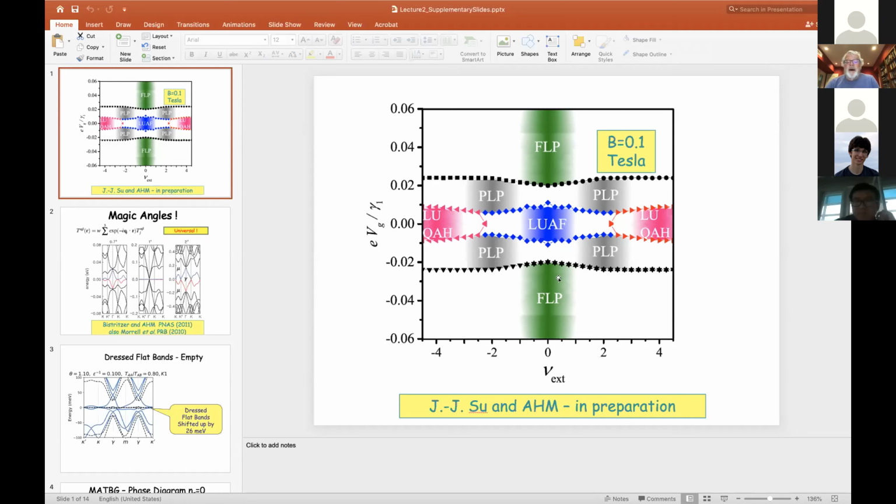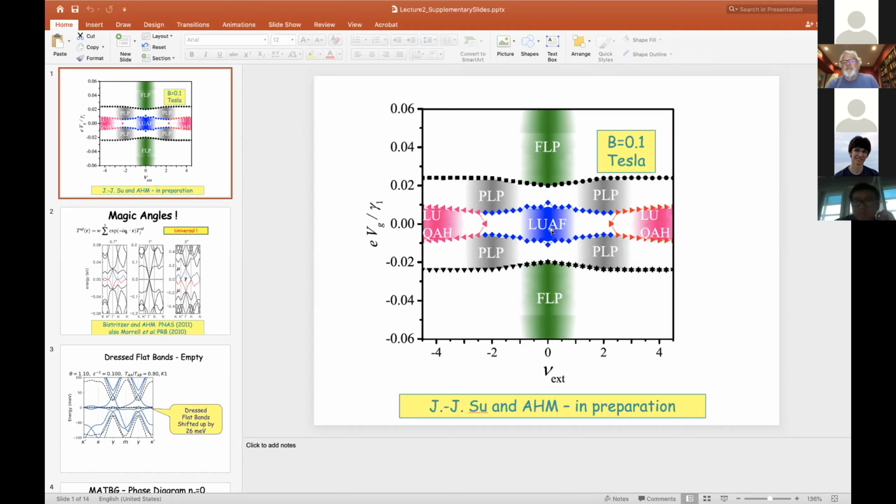This nu equals 0 axis in this phase diagram has been heavily explored experimentally by many people, and there's always an insulating state at no gate voltage, and then a region which is not very insulating, and then another insulating regime.